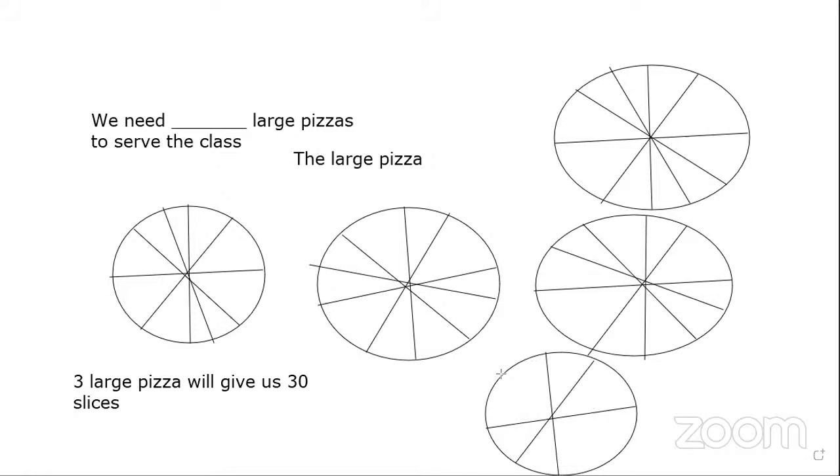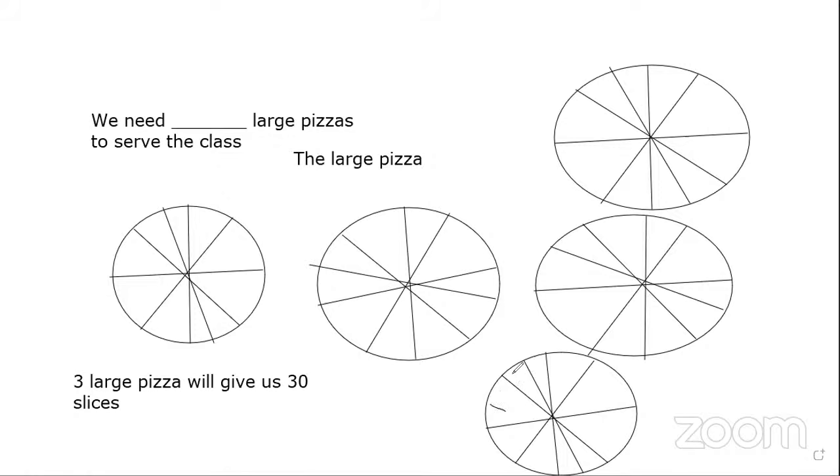So the students who did not get from the 4 large pizzas, because that would have only been 40 slices, they will get this additional 2 slices from the 5th pizza.